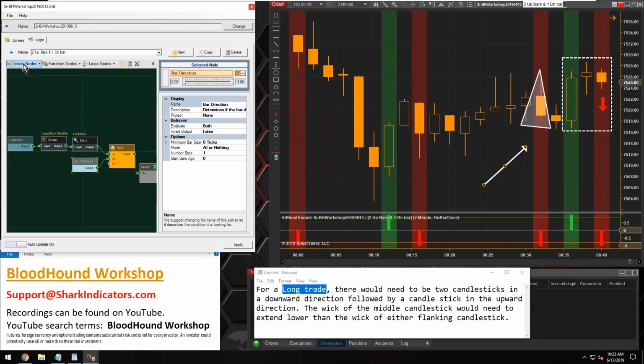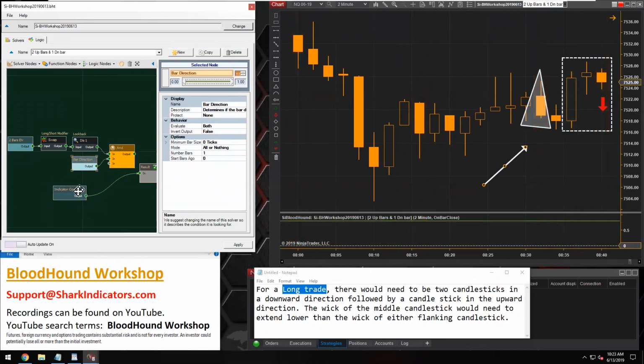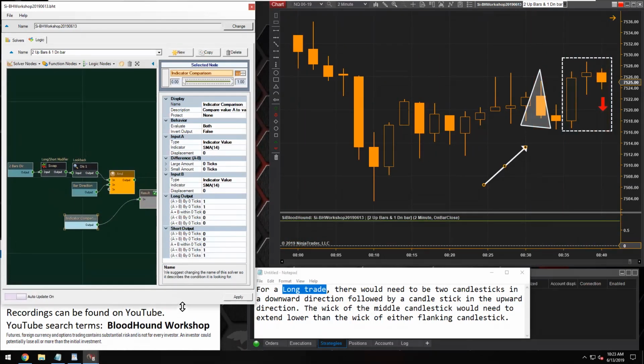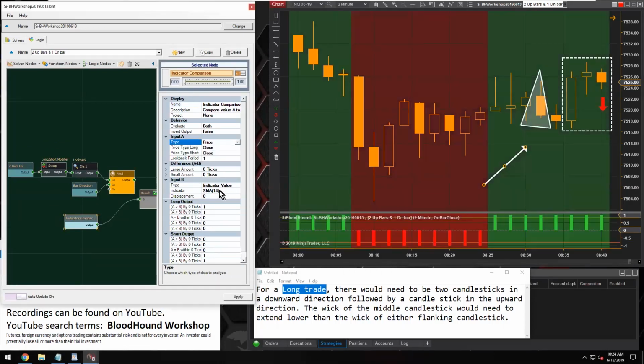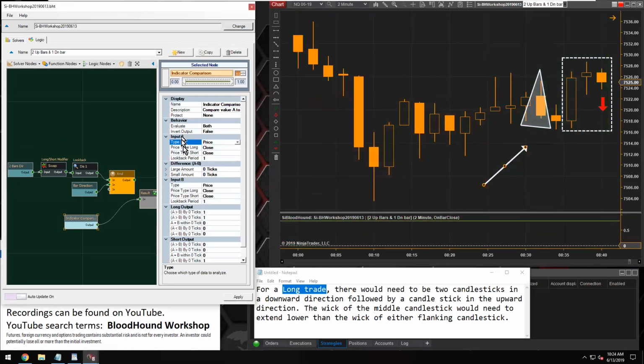Let's grab a comparison solver and get started. With the comparison solver, we want to use price, since we're looking at the highs and lows of the bar. We put both input A and input B onto price. In this situation, we're generating a short signal, so for the price type for short signals, we're using the high of the bar.